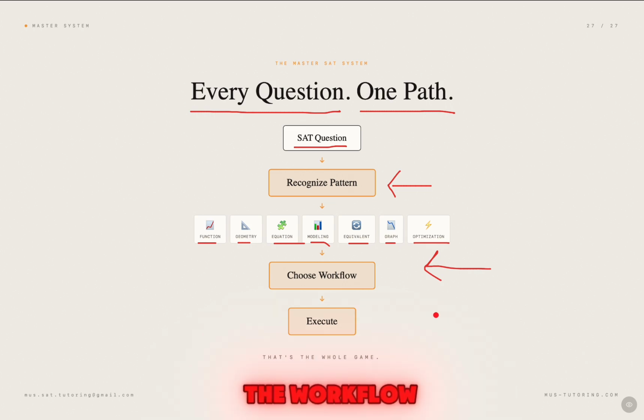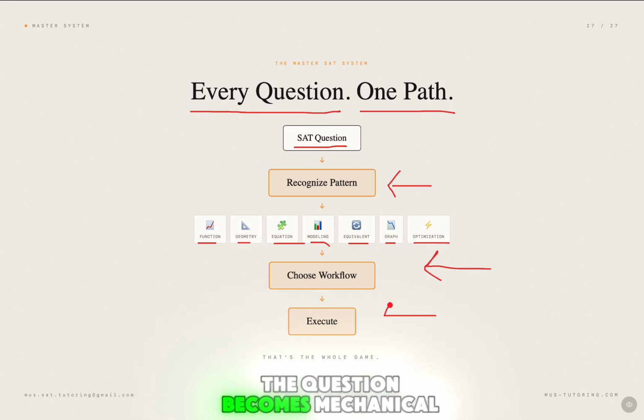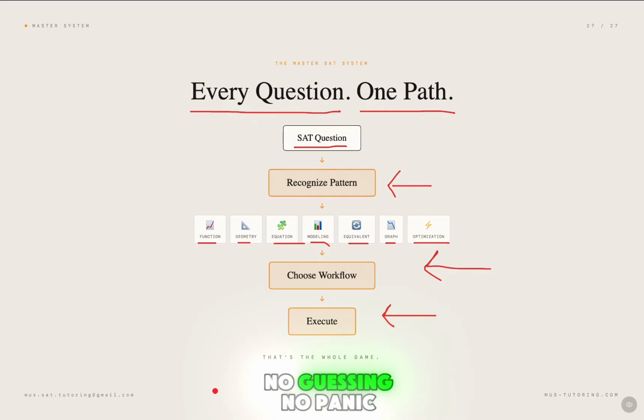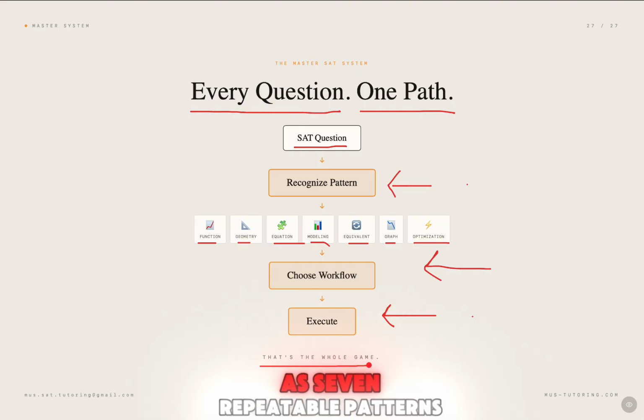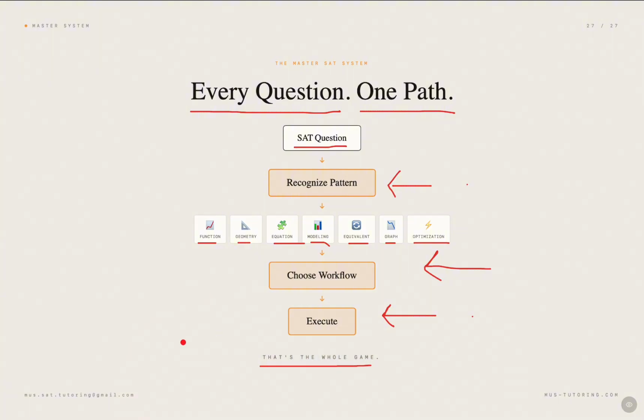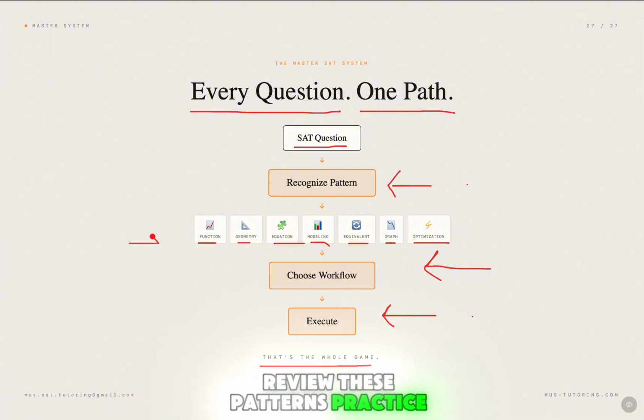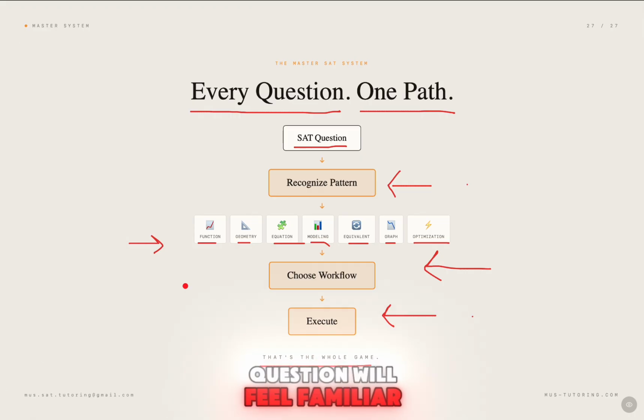And once you know the workflow, the question becomes mechanical. No guessing, no panic. Just recognize, execute. That's how you stop treating the SAT like hundreds of random questions and start seeing it as 7 repeatable patterns. Review these patterns, practice the workflows, and pretty soon, every question will feel familiar.